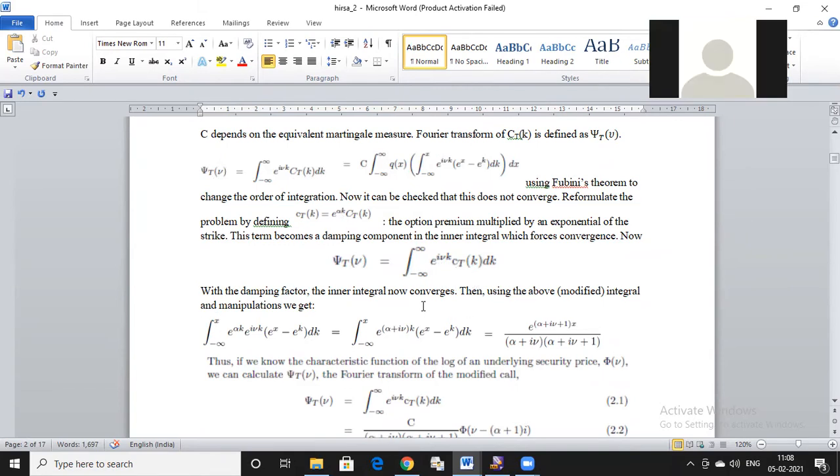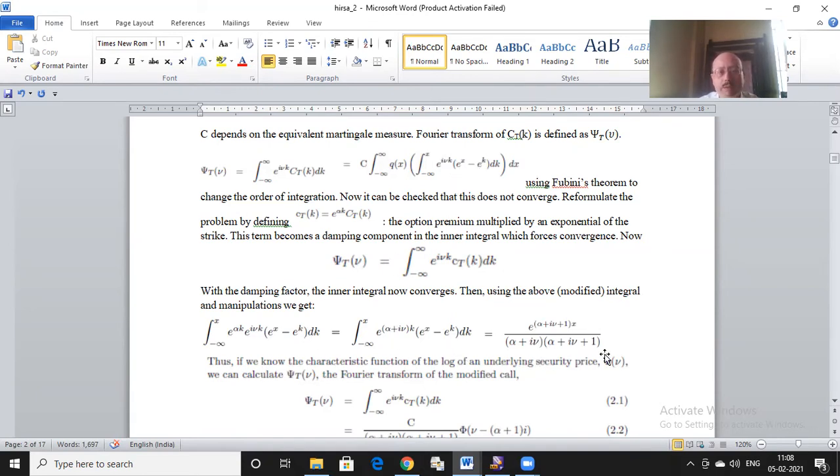As with the damping factor, the inner integral now converges. Then, using the above modified integral and some usual manipulations, we can show that this integral is equal to this expression. So I can explicitly evaluate the integral which will appear inside.